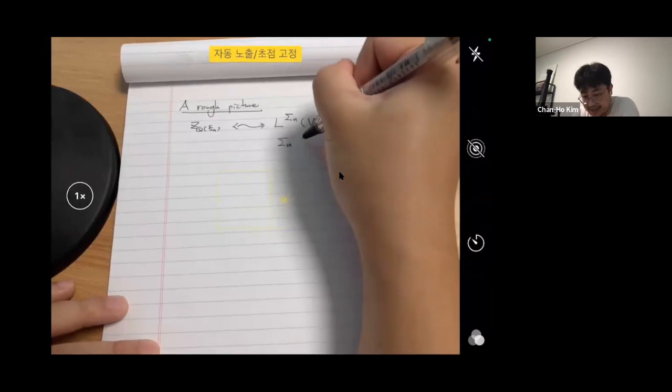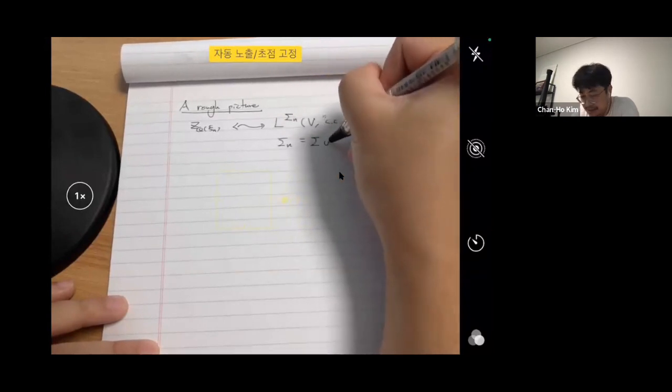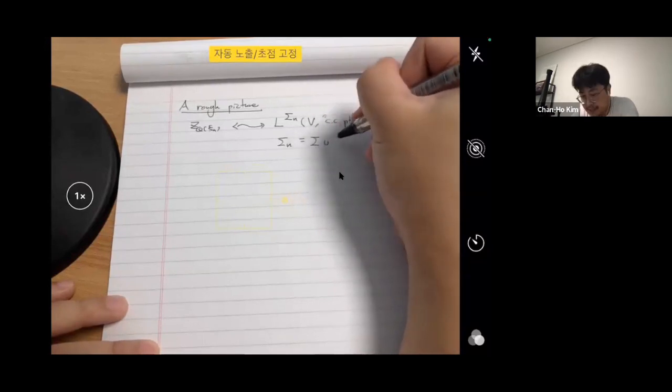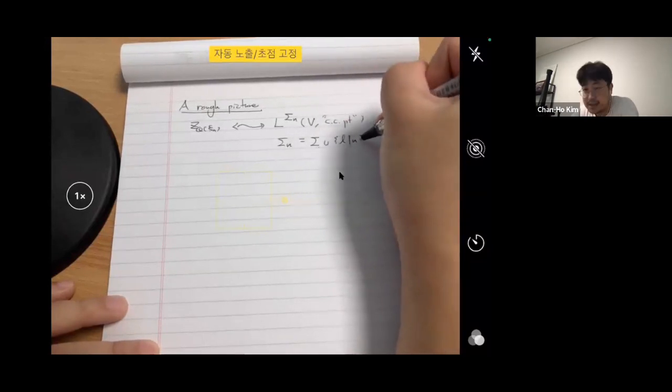And sigma_N here is sigma, and all the primes dividing N.